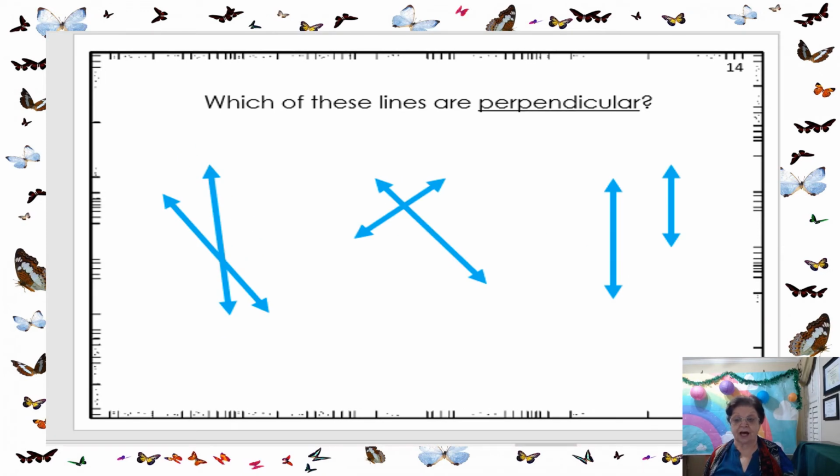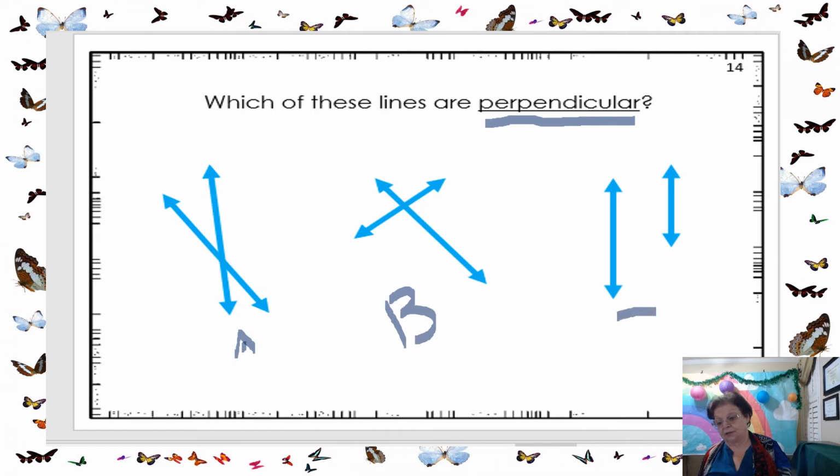Which of these lines are perpendicular? Perpendicular, you can make a square. Where are the perpendicular lines? A, B, or C? Oh, this is A, B, and C. I covered up the, I see some parallel lines there.